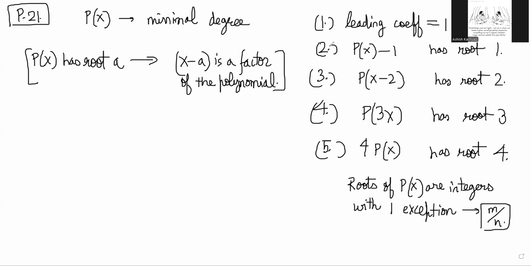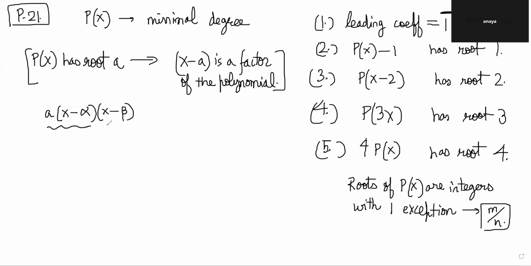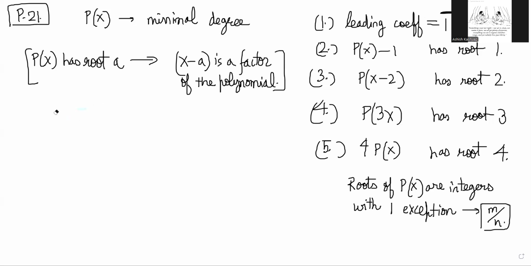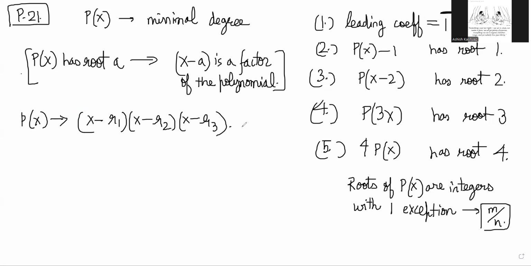As long as the leading coefficient is 1, because usually you have to worry about the leading coefficient a times that, right? This is like a quadratic with leading coefficient a. But here the leading coefficient is 1. So the p of x polynomial will look like x minus root 1 times x minus root 2 times x minus root 3 and so on.